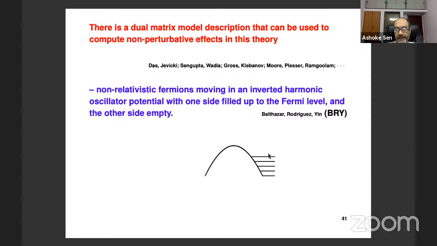What they said by filling up to the Fermi level is that we first construct the exact energy eigenstates. There is a set of energy eigenstates which correspond to an incident wave from the right, a reflected wave to the right, and a transmitted wave to the left. Those are the states that you fill up to the Fermi level. There is an orthogonal set of energy eigenstates which correspond to particles coming in from the left and getting reflected and partly transmitted.